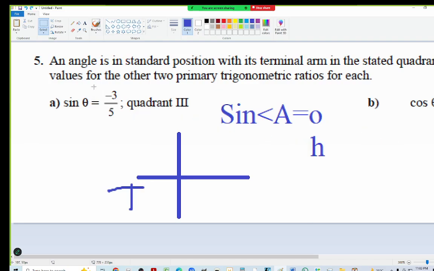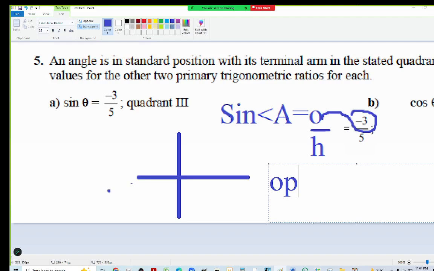So the opposite is -3 and the hypotenuse is 5. Do you divide them? Well, no, not yet. That's not what they want to know.